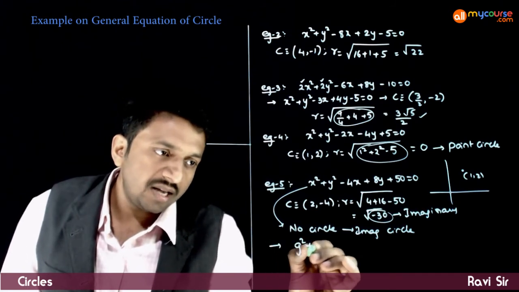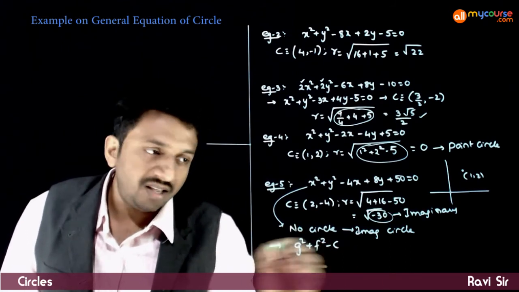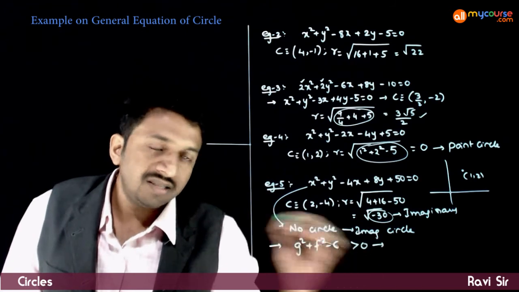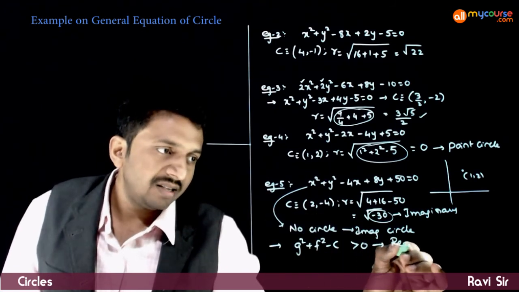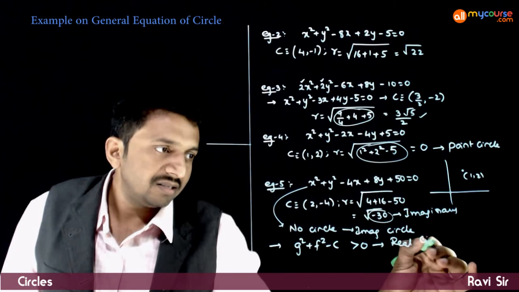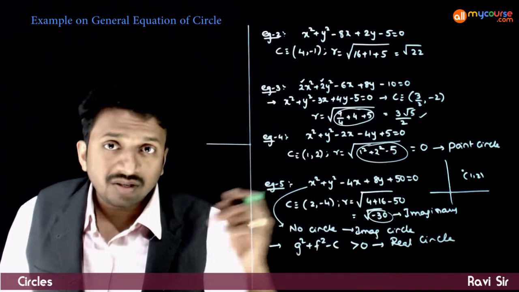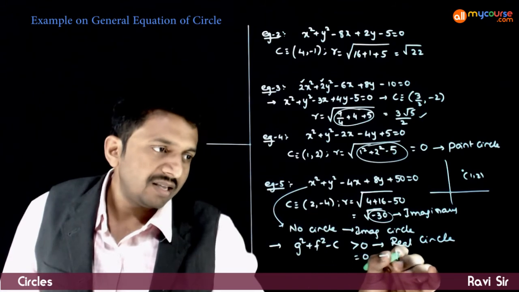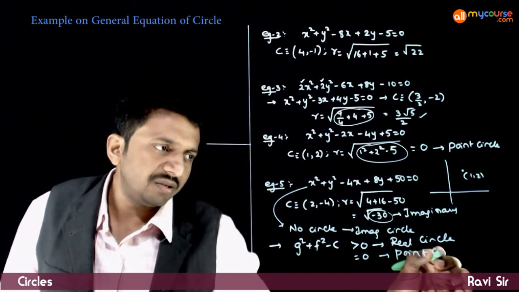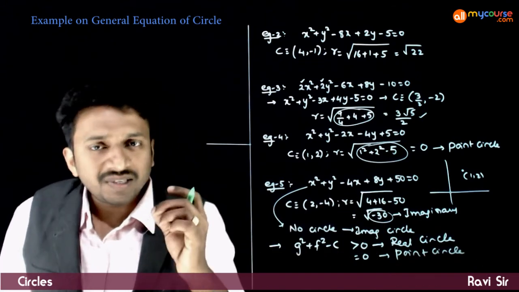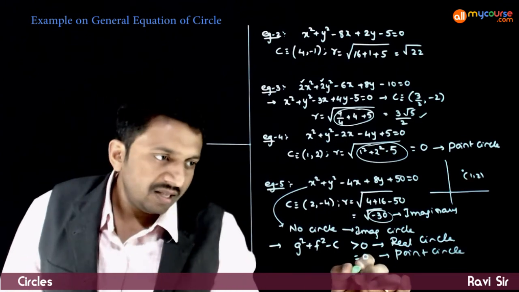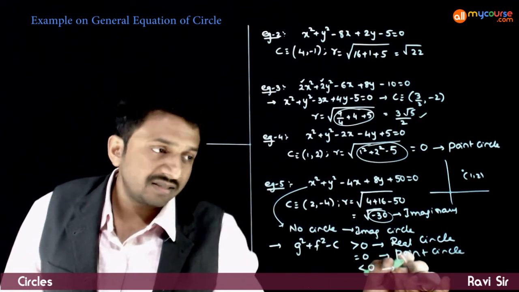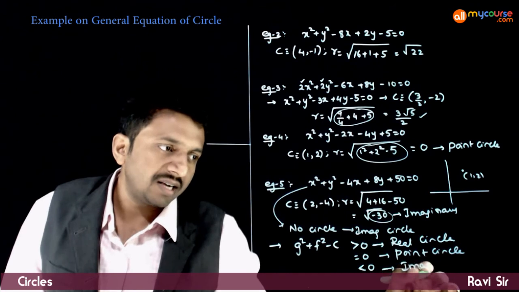g square plus f square minus c greater than 0 implies a real circle with non-zero radius. Equal to 0 implies a point circle. That is, the equation represents a single point. Less than 0 implies an imaginary circle.